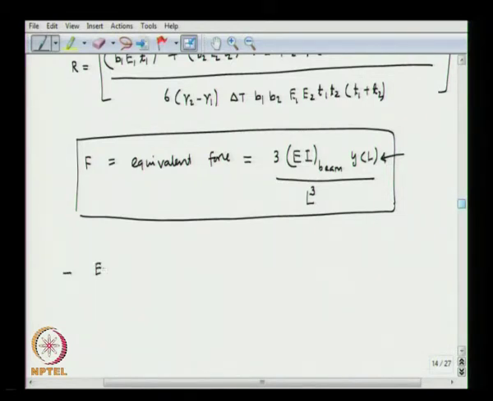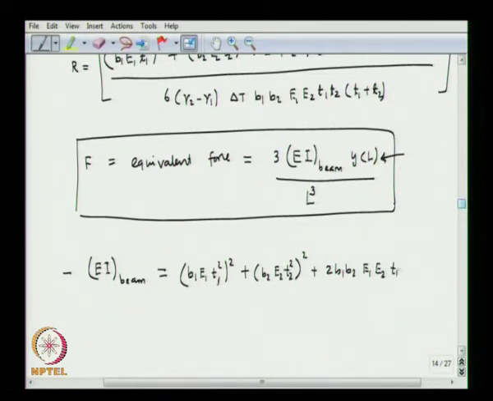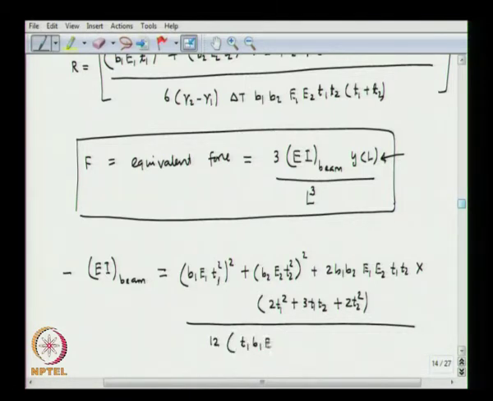And the flexural rigidity EI of the beam can be found using this formula, which is B1 E1 T1 square whole square plus B2 E2 T2 square whole square plus 2 B1 B2 E1 E2 T1 T2 into 2 T1 square plus 3 T1 T2 plus 2 T2 square, divided by 12 into T1 B1 E1 plus T2 B2 E2.